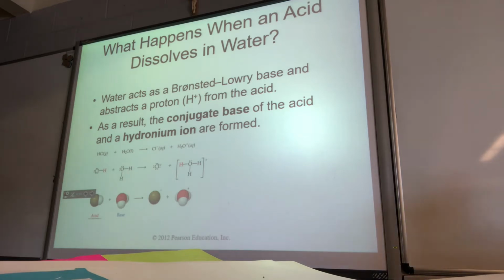Please don't just call it hydronium. It is an ion, meaning it has a charge, boys and girls. It has a positive charge in this particular case. The hydronium ion is a substance that we will assume exists anytime we write a proton into our equations.